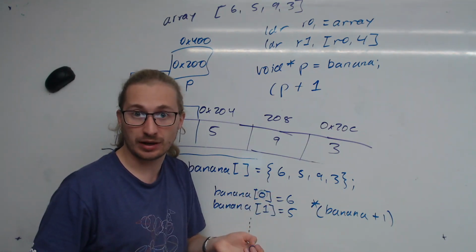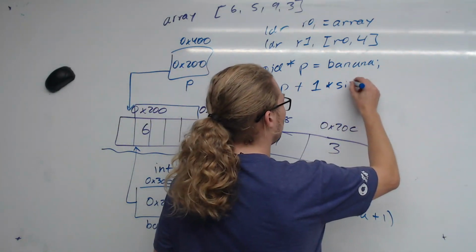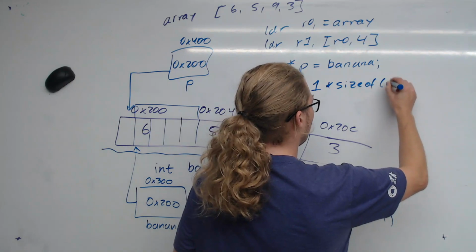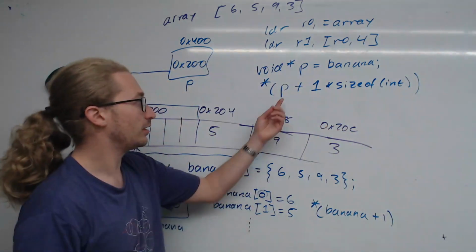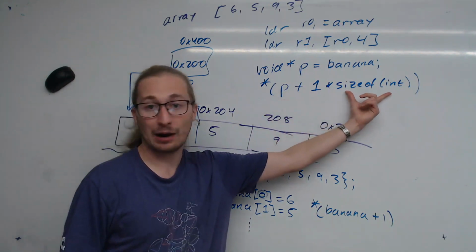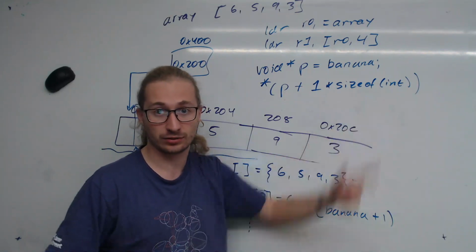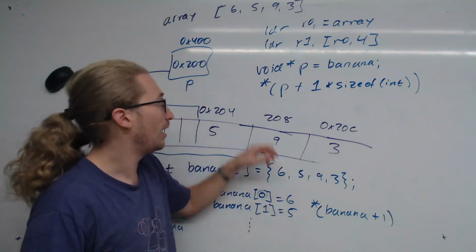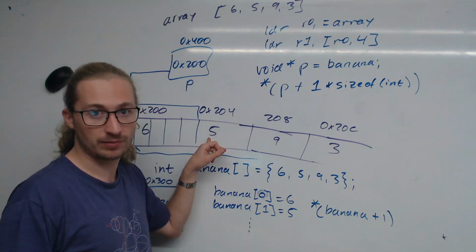So in general, to make your code portable to run on any platform, you can write sizeof int and then dereference the result. So this would take the pointer P plus 1 times however big an int is on your platform. On the dev board, it's 4 bytes. On different platforms, who knows? And then dereference the result, which would successfully pull out the 5 from the array.